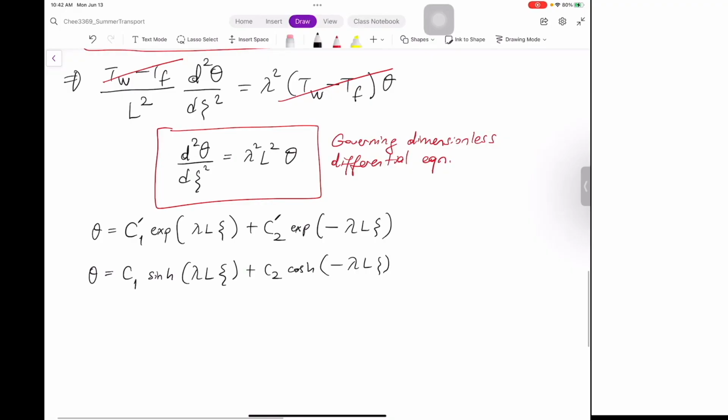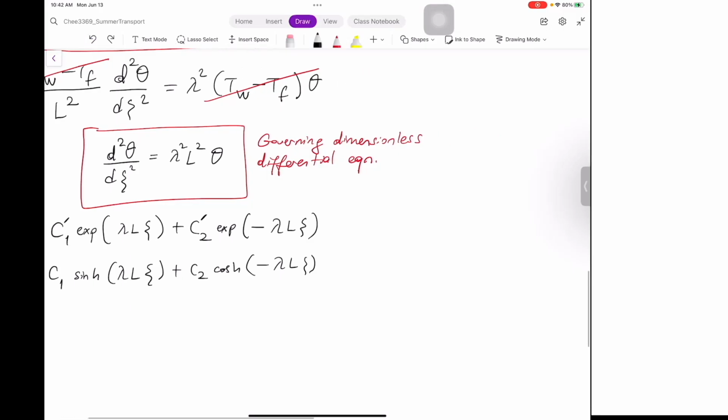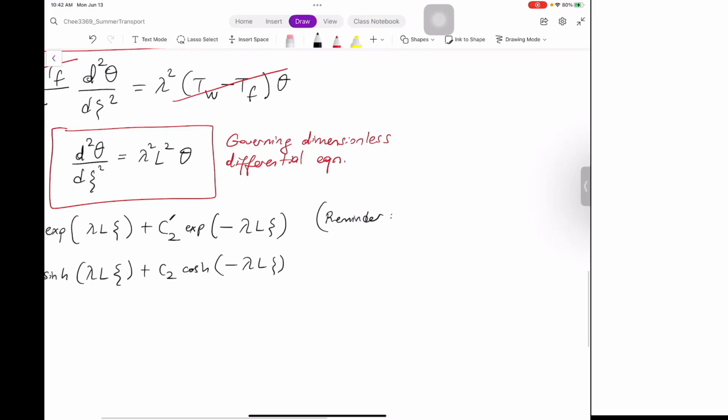So let me call the previous ones C1 prime, C2 prime, but you can actually come up with C1 and C2 in terms of C1 prime and C2 prime if you know these numbers, because you know that the sine hyperbolic and cosine hyperbolic are already linear combinations of exponential plus and exponential minus. Just a reminder. Sine hyperbolic x is equal to e to x minus e to minus x divided by 2.